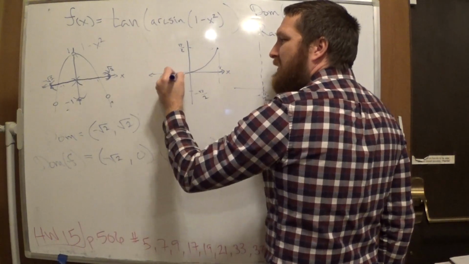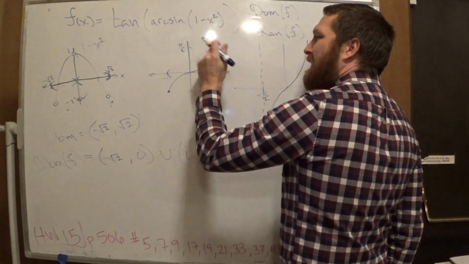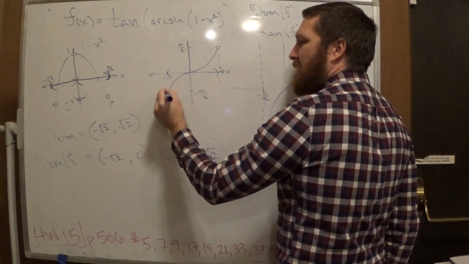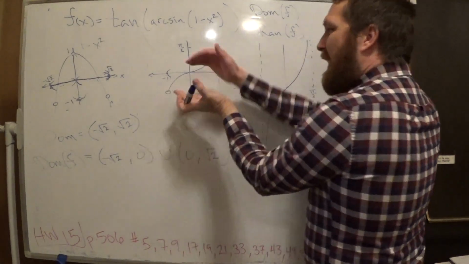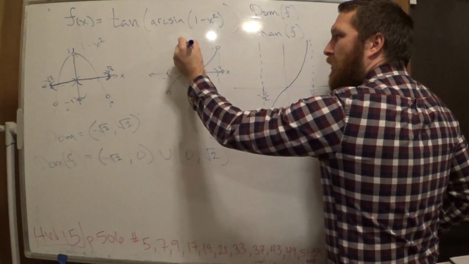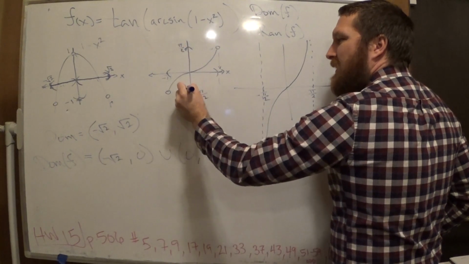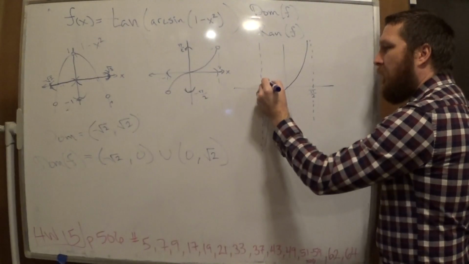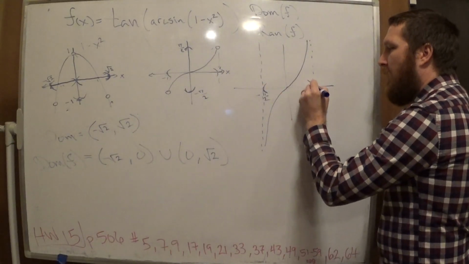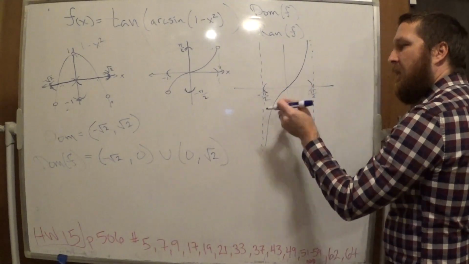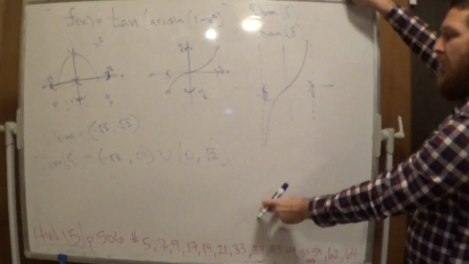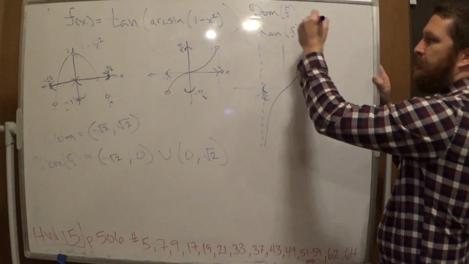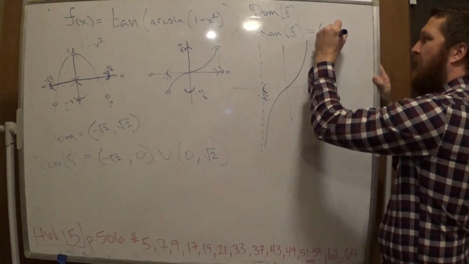So we're not getting the endpoints, but we'll get everything except for those endpoints. We'll go all the way up to there, but not quite getting there, all the way down to there, not quite getting it. And hey, lo and behold, what are you going to get? All of that stuff will go in, and we should get all real numbers. What does it look like?